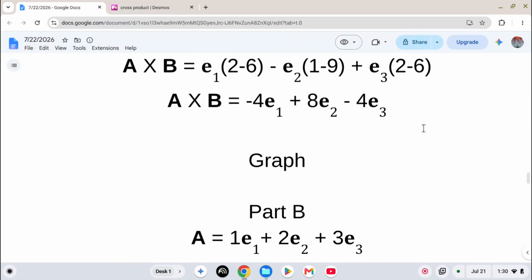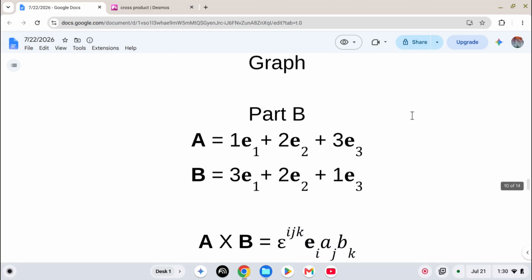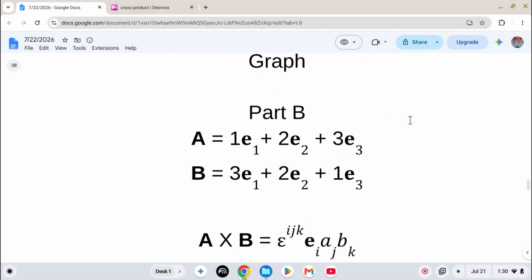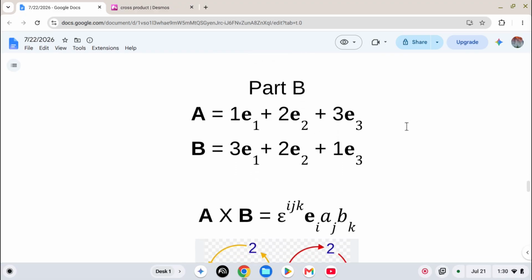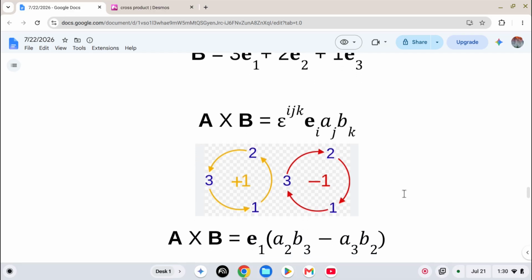So, part B, here is our vector again. We want to use the Levi-Civita permutation tensor. All right, so here's the way I do it. I'll make my little diagrams like this, the positive and negatives, and I got my I, J, K's in order here. So when I write down E1, I want to do everything with E1 first instead of doing all the positive ones first.